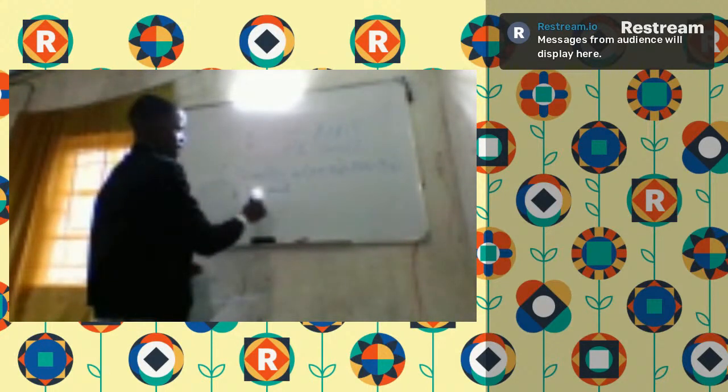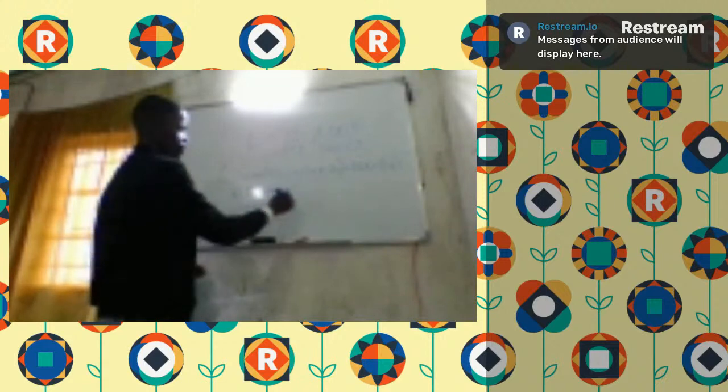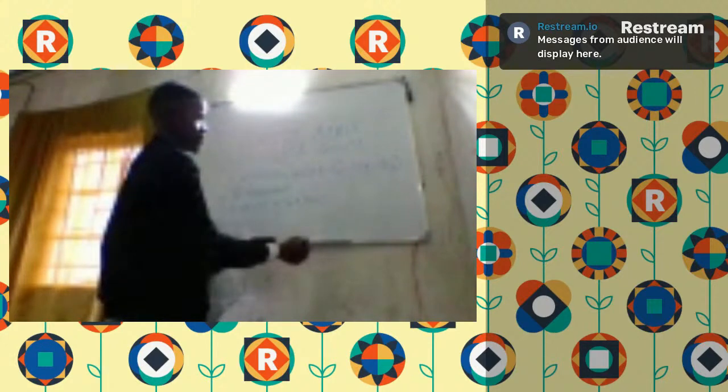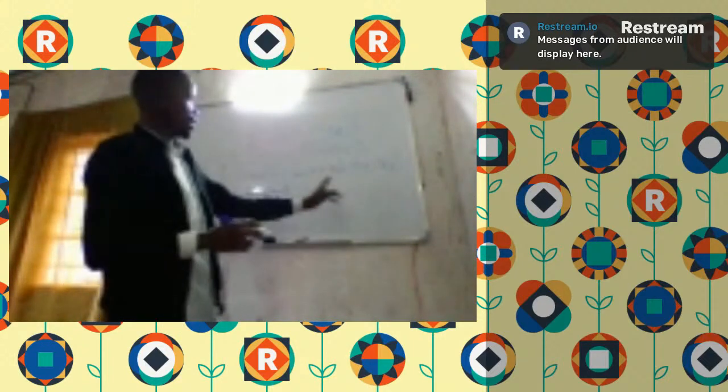So we've been asked to simplify this one: 4 open bracket x plus 2y close bracket, minus open bracket 3x minus 8y close bracket.